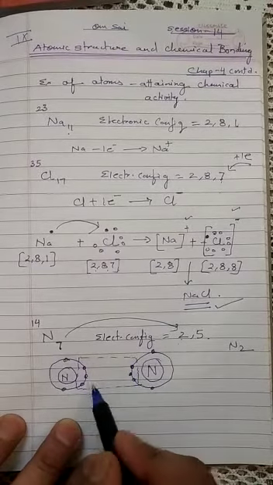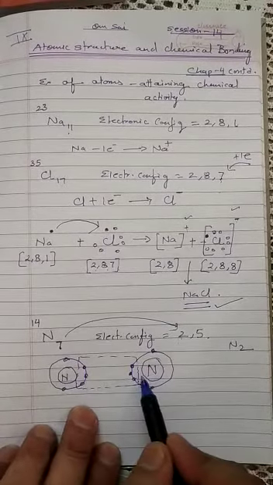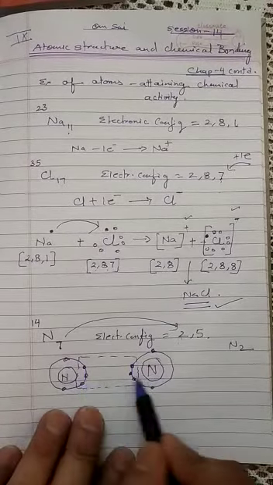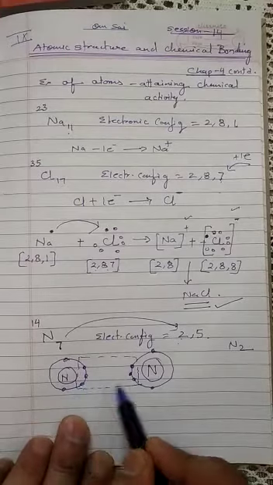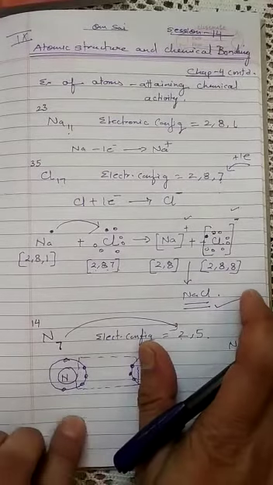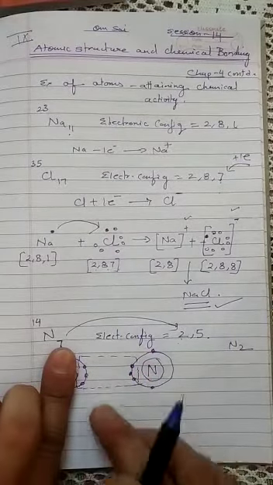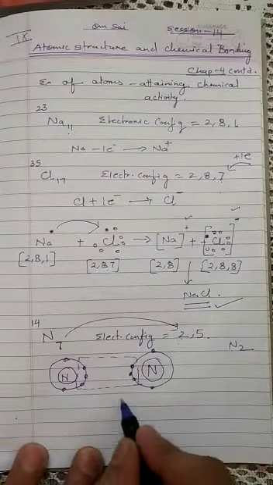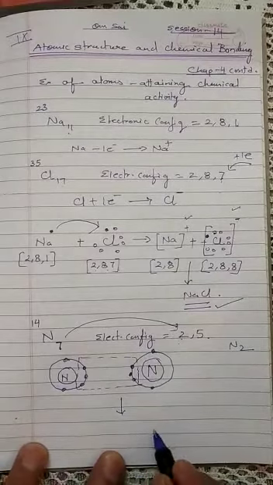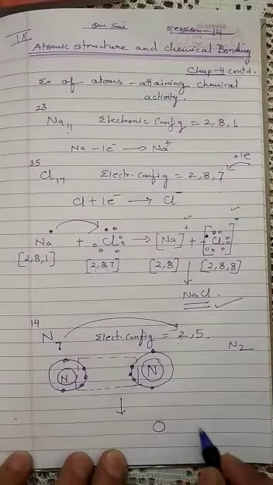So they will share 3 electrons with each other. In this way, 3 electrons of this nitrogen will be shared with the 3 electrons of the other. So now the atoms will become 5, 6, 7, 8, and here also 5, 6, 7, 8. So both of them will become stable, and it will form a molecule of nitrogen, right?